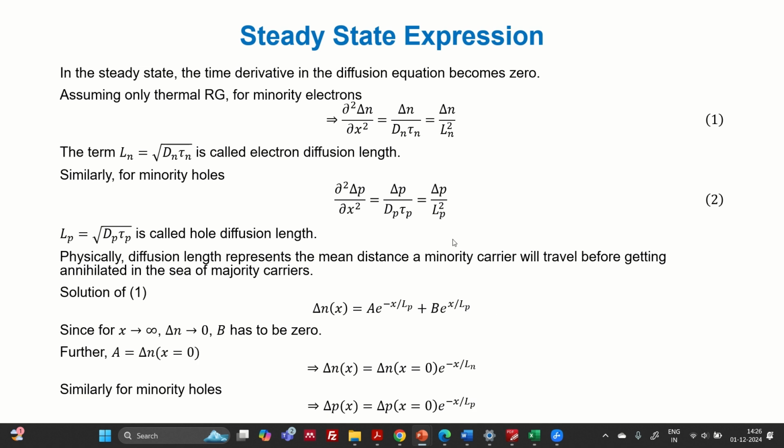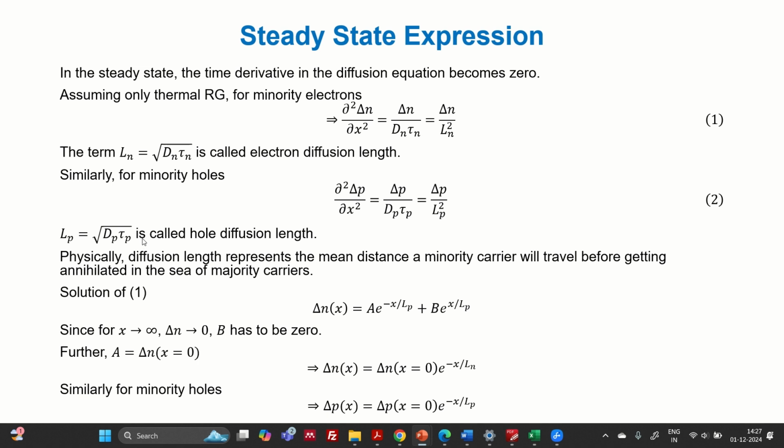What is Lp? Lp is also a constant that can be calculated from here: square root of Dp times tau p. But I don't know the diffusion constant, so what do I do? I can calculate the diffusion constant from the Einstein relation. Remember Dp by mu p is equal to kT by q.